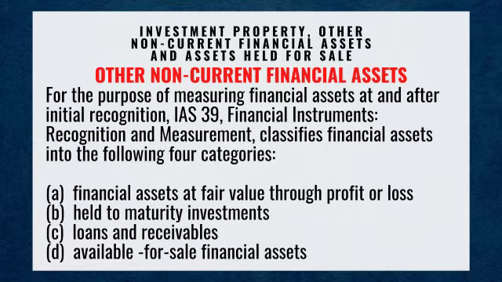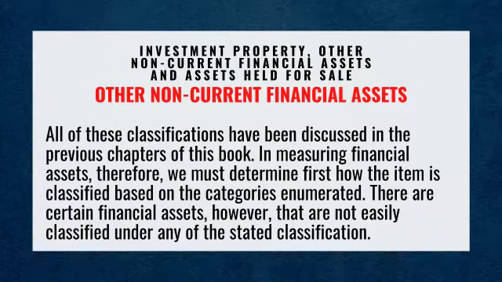Letter B, held to maturity investments. Letter C, loans and receivables. And letter D, available for sale financial assets. All of these classifications have been discussed in the previous chapters of this book.